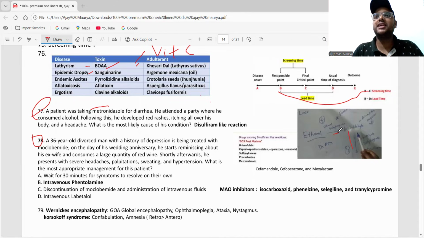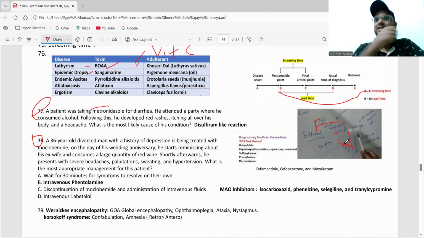Please listen carefully. Ethanol to acetaldehyde, this reaction is very fast. Coming to this reaction, it is very slow.